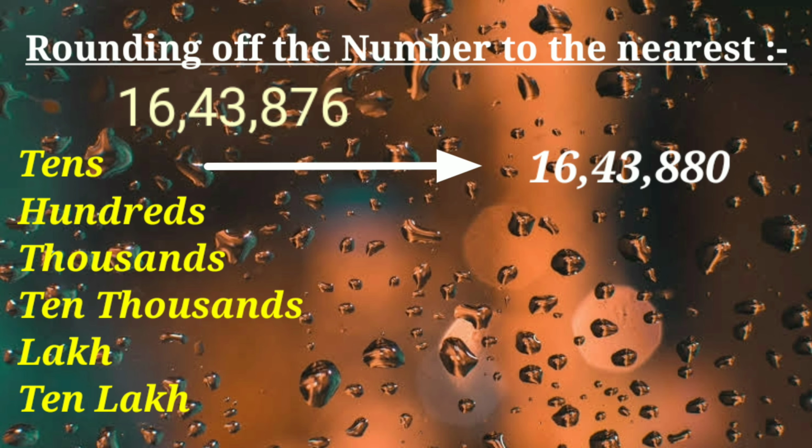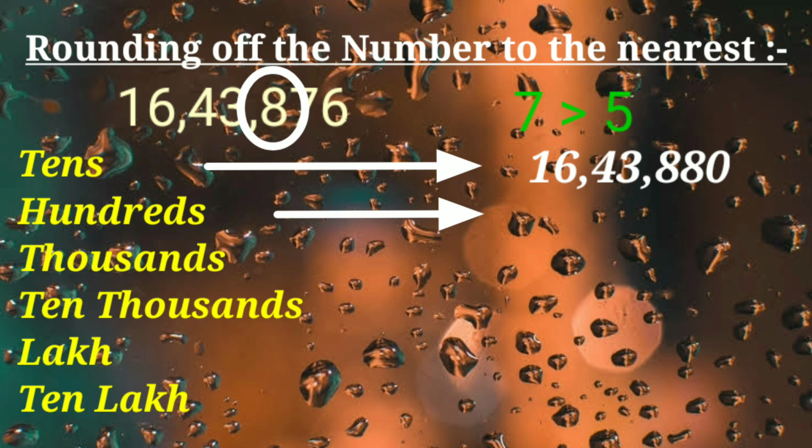Next is the hundreds place. Here the digit to the right of 8 is 7. As the rule is that if the digit is 5 or more than 5, we have to add 1 to the digit in the place being rounded, and as we know 7 is more than 5, so we add 1 to 8.